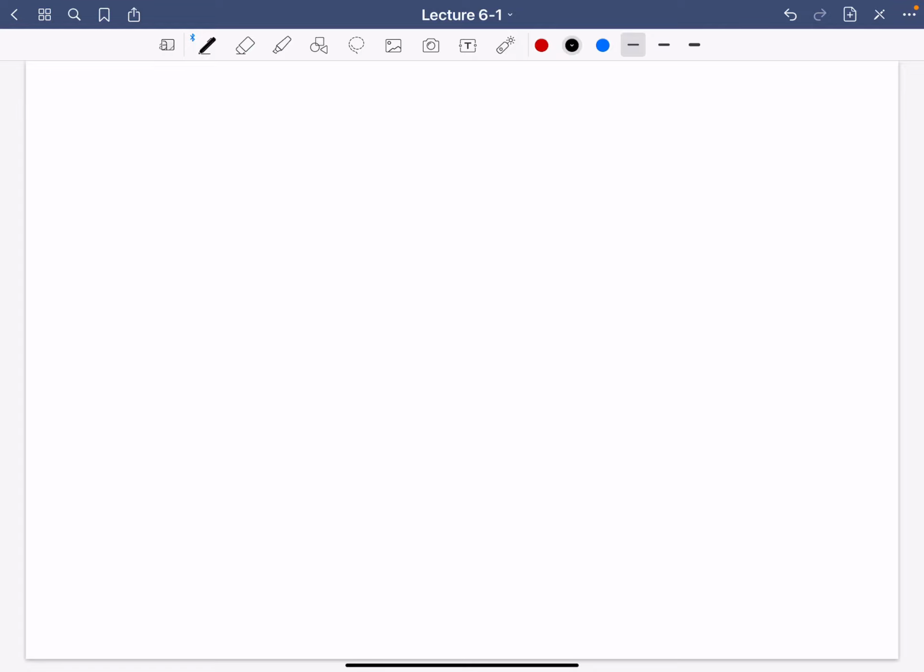Last time I proved that useful lemma for proving that Lie algebras are semi-simple. It applied in particular to the Lie algebra SLN and to the symplectic Lie algebra and to the special orthogonal Lie algebra.